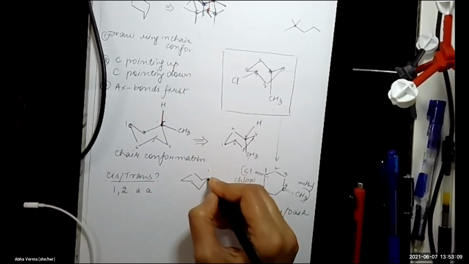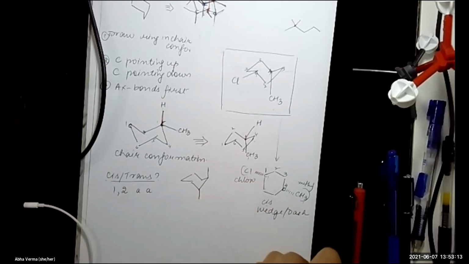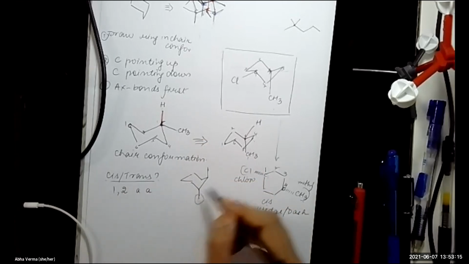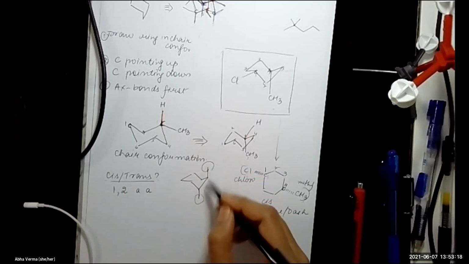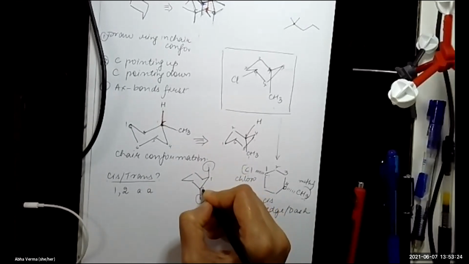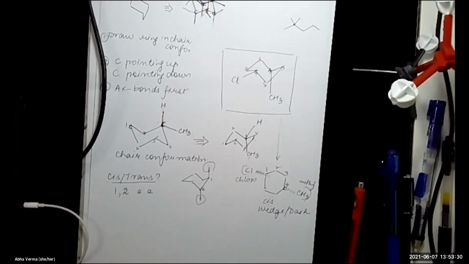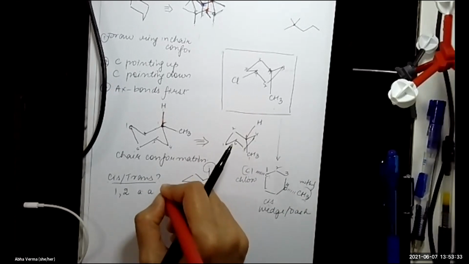The axial from this carbon goes up, axial from this carbon goes down. Where do you think these groups are in relation to each other? Are they cis or are they trans? So carbon 1, carbon 2, groups are axial to each other, and that means they are going to be trans.